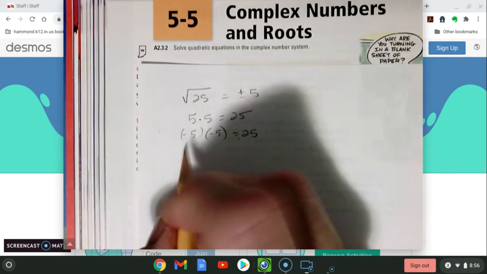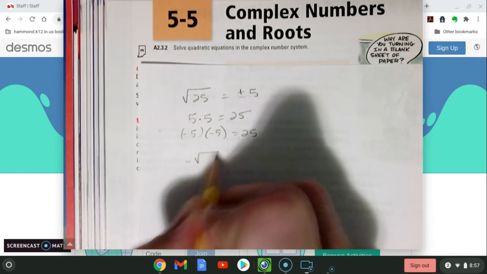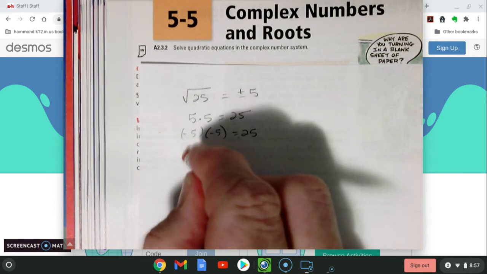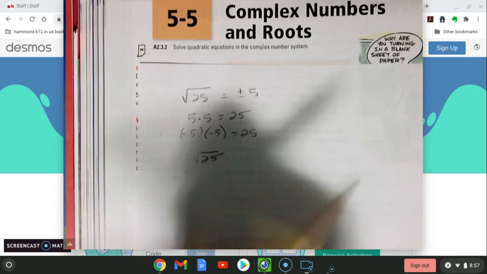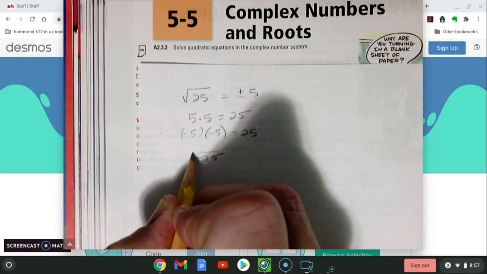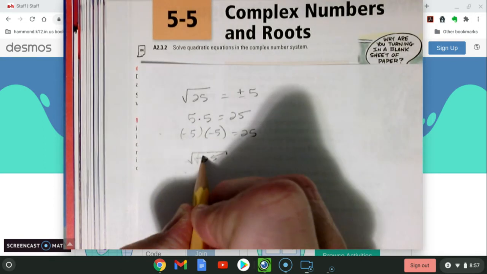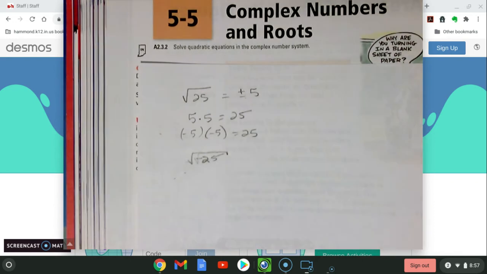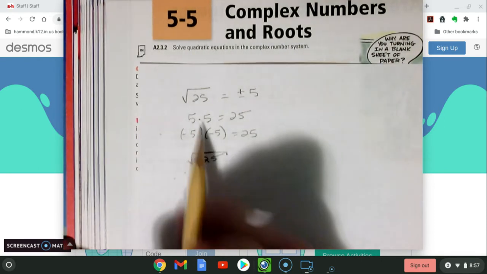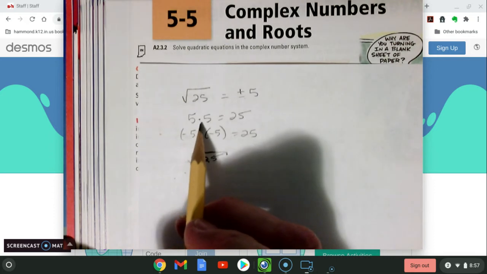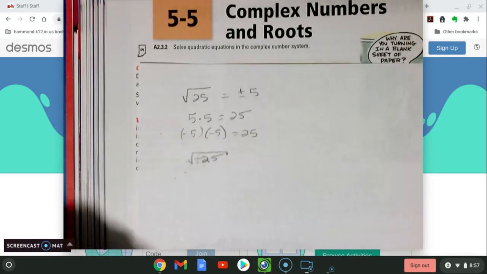So what happens then if I have the square root of a negative number? What you may remember from Algebra 1 is in the set of real numbers, the square root of a negative number is not defined. Why is that? Well, because there is no number I can multiply by itself that gives me negative 25 for an answer.